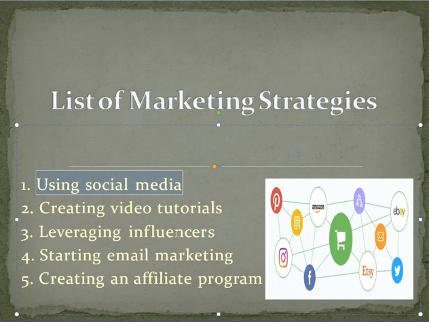Number 2 is creating video tutorials, number 3 leveraging influencers, number 4 starting email marketing, and number 5 creating an affiliate program. Okay, let me explain each strategy one by one.